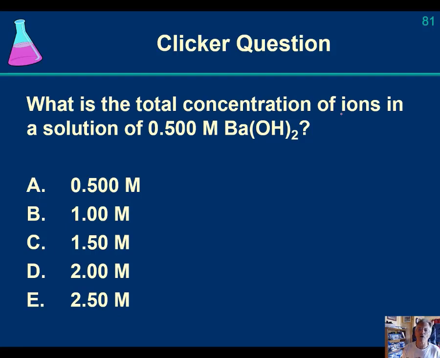Last slide in chapter 4. What is the total concentration of ions in a solution of 0.5 molar barium hydroxide? Well, think of bicycles. This is a bicycle. And if I have a bicycle, let's see, it's got a seat. There's the seat, there's the handlebars right there.